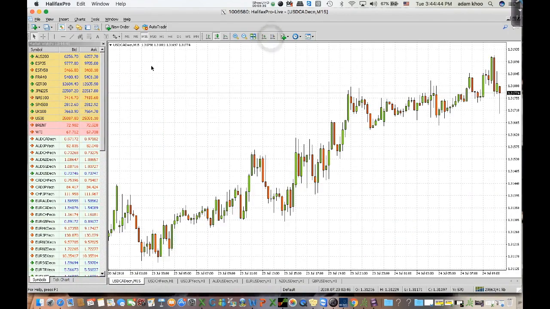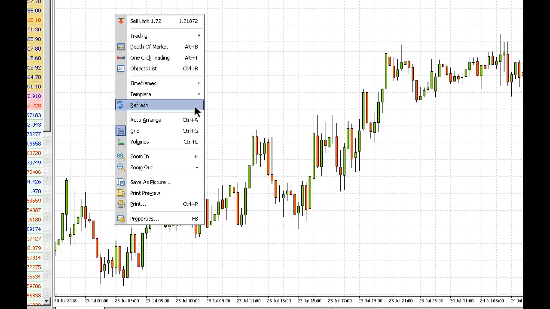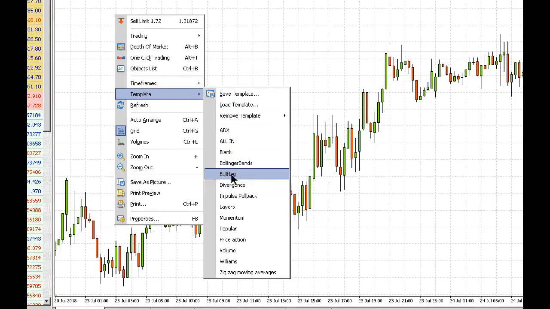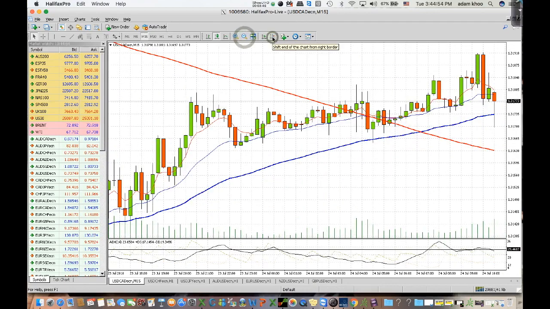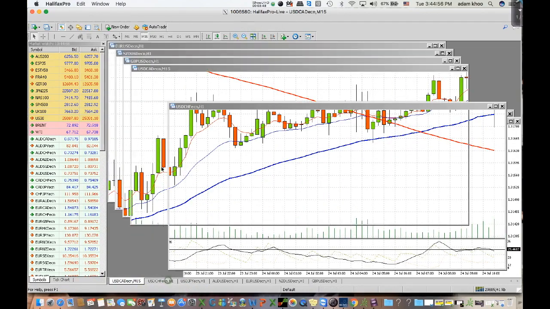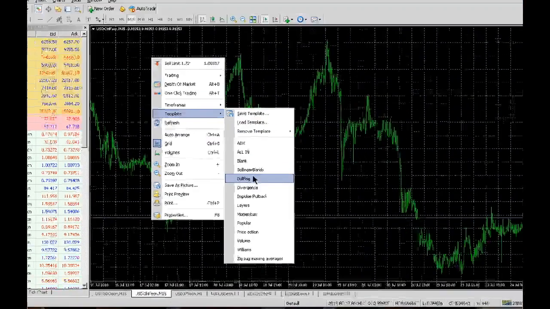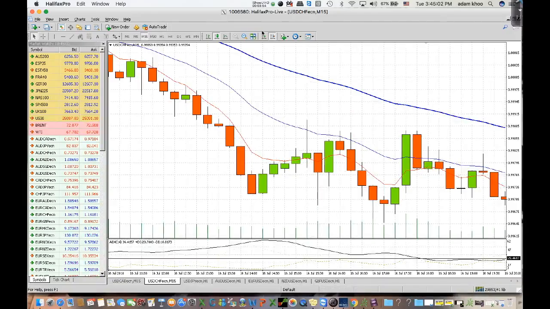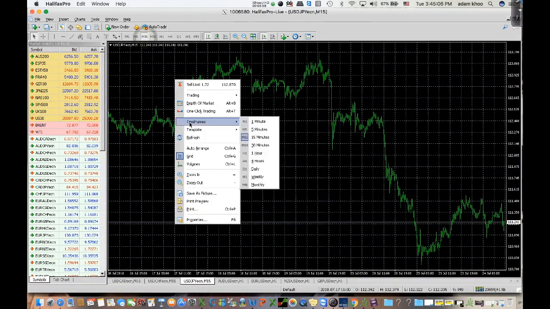All right, and again, I'm going to put in my settings. So for example, I'm looking at trading the bull flag. Okay, so next one, same thing, M15. Look at bull flag setup. Dollar yen, M15. Now, of course, it depends on your strategy.